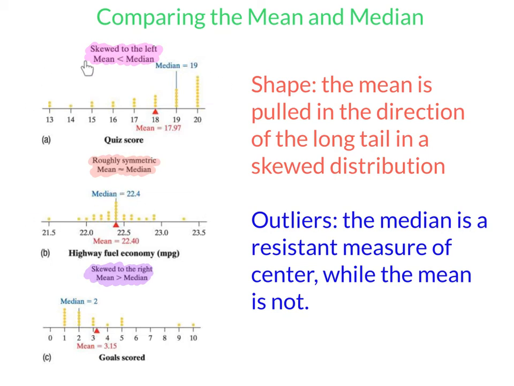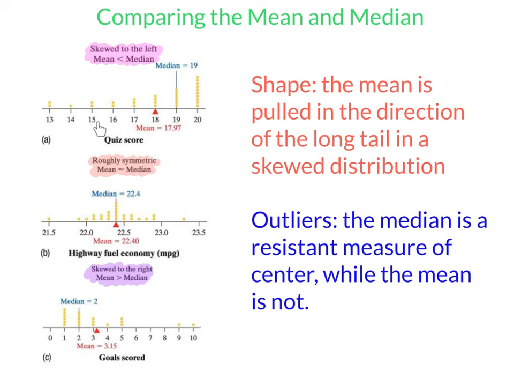We've got skewed to the left, where the tail is the thing that skews to the left, and skewed to the right, where the tail skews to the right over here. Starting right here in the middle, roughly symmetric, the mean and the median seem to be the same in this example, the highway fuel economy. The median is 22.4, and so is the mean. Interesting. So when it's roughly symmetric, our mean and median are roughly the same.